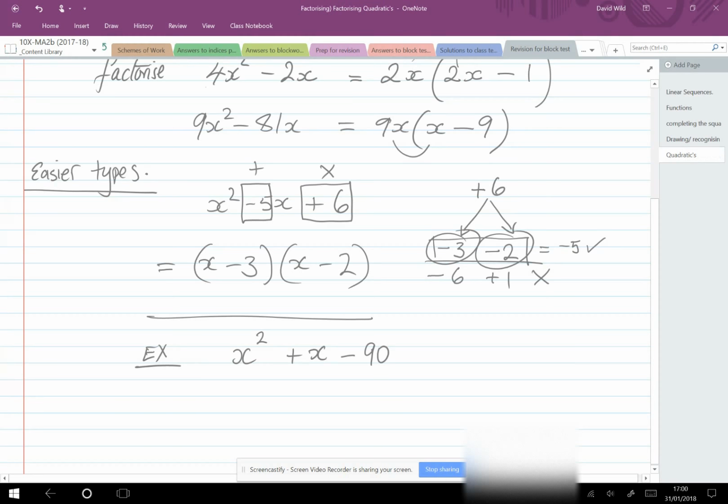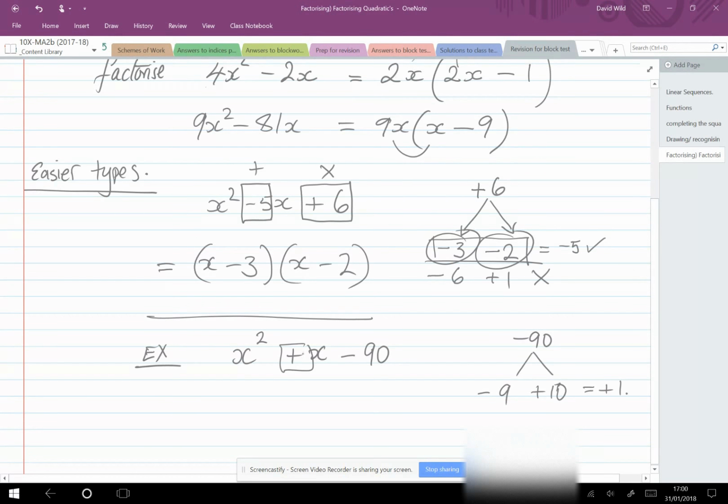Right, okay, so we need our minus 90 at the top of our tree. And what are the factors of minus 90? Well, we've got 9 and 10. 9 times 10 is 90. Can I combine those together to get plus 1? Yes, a minus 9 and a plus 10 add together to get plus 1.